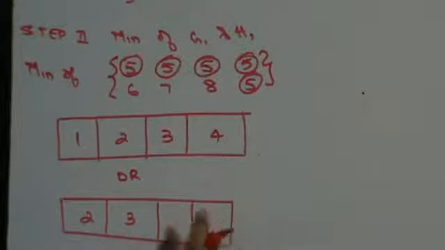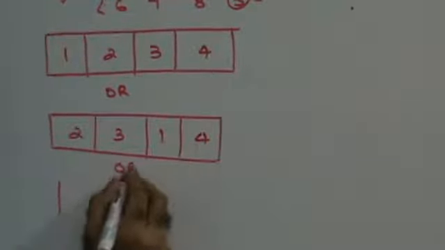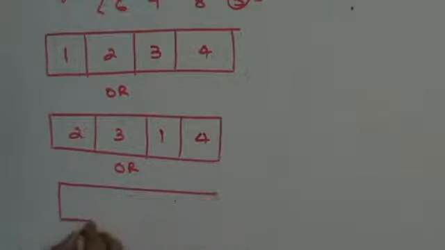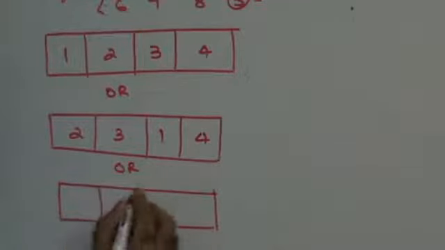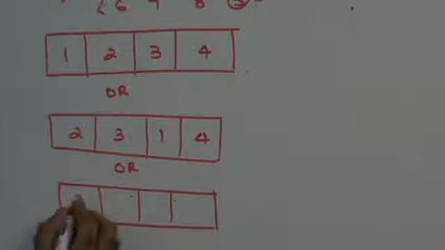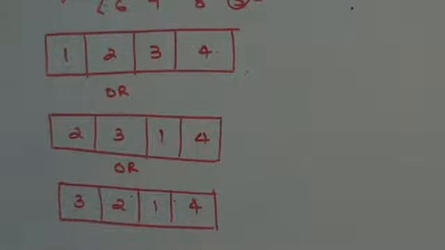Or we'll first keep 4 in the last row and show all the alternatives with the first row. Then I could also have an alternative wherein I could have 3, 2, 1 and 4, all of them from the first row.